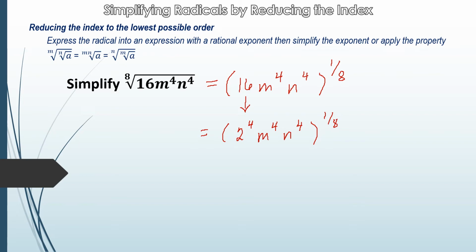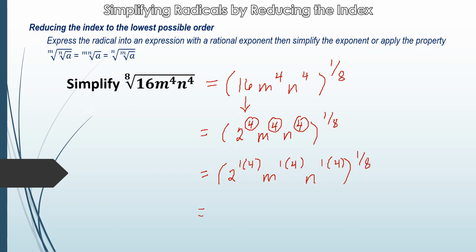So if you will try to observe, the exponents are the same. So what we're going to do is we will factor out the exponent 4. Okay, so this expression is the same as quantity 2 raised to 1 times 4, m raised to 1 times 4, n raised to 1 times 4, raised to 1/8.